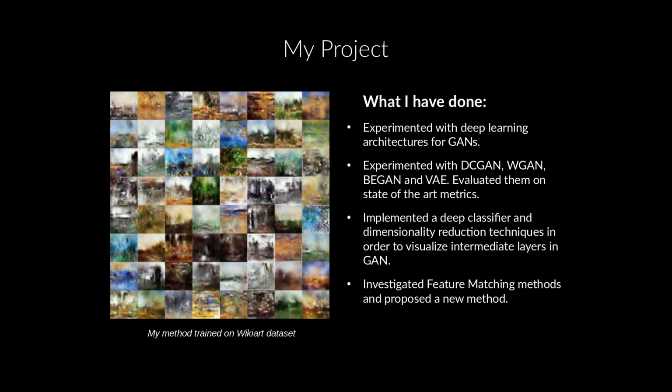In my project, I have built and experimented with various architectures and flavors of GANs and evaluated them on state-of-the-art metrics. I have also built visualization tools to view the internal layers of the GANs. I have focused on the technique of feature matching, where I also proposed a new method.